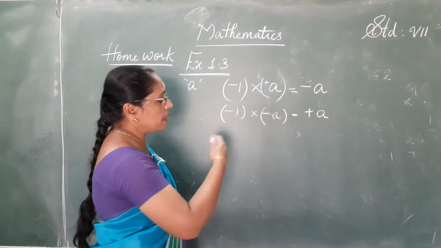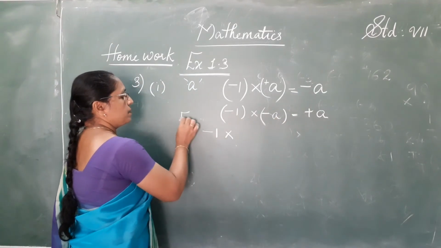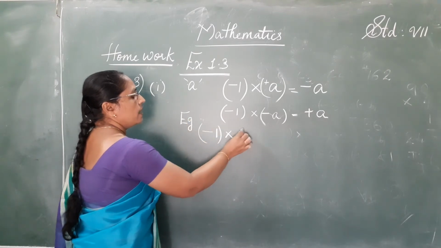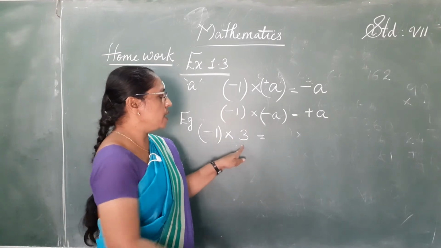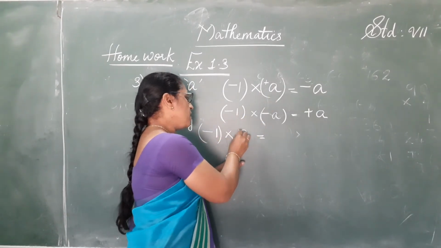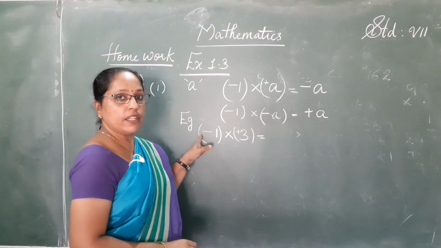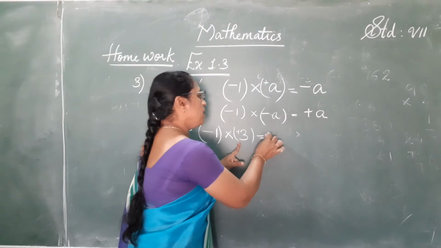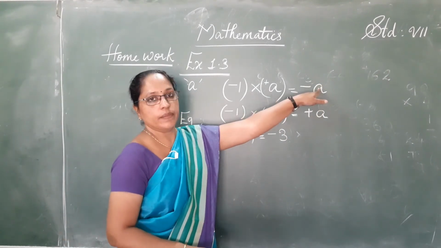For example, negative 1 into 3. Here a is positive, so positive 3 and negative 1 have different signs. So when you multiply, it will become negative 3. That is negative a.